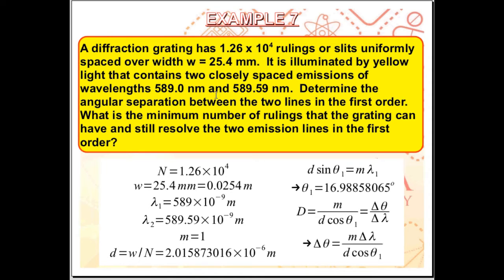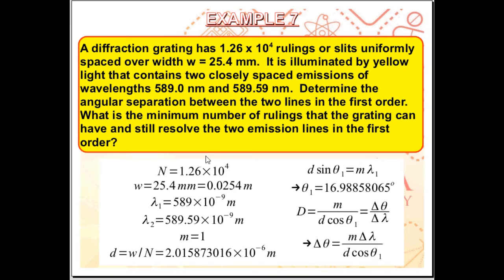You have two wavelengths that are very close together, 589 nanometers, lambda 1, and 589.59 nanometers, lambda 2. The problem tells us, in the first order, so that's m equal to 1.